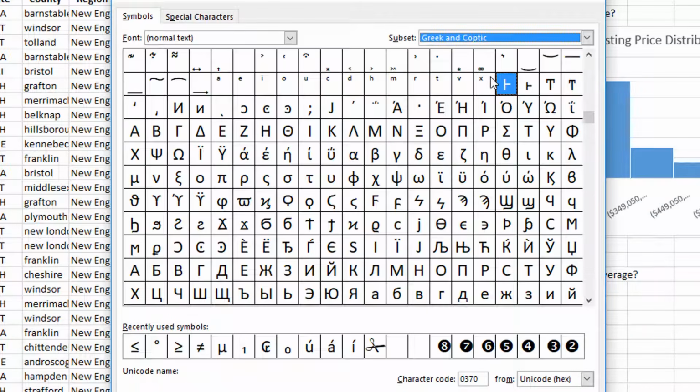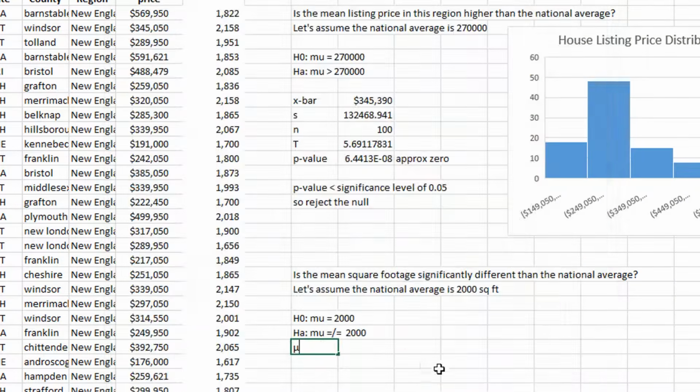Of course, it's different depending on what you're using. And then you can find the mu right over here. You can insert a mu and use that mu. That's the symbol we use for mean. Okay, it's a mu. It's not the letter U. If you use the letter U, I'll be annoyed.